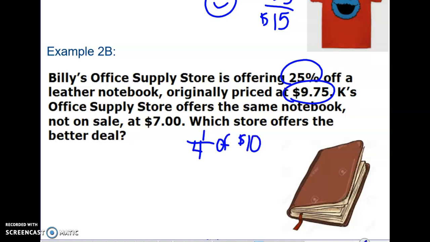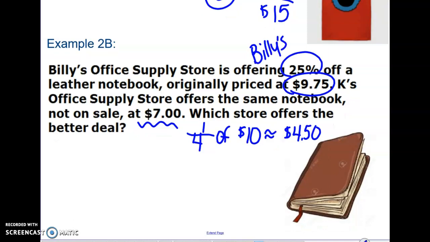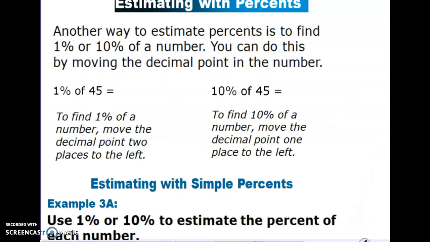And if I divide $10 into 4 equal groups, it's going to be about $4.50 a notebook. The other store, Kay's Office Supply Store, offers the same notebook, not on sale, at $10. Which store offers the better deal? Obviously, it's going to be Billy's as the better deal. Now, those are both pretty basic problems. Let's go ahead a little bit more.